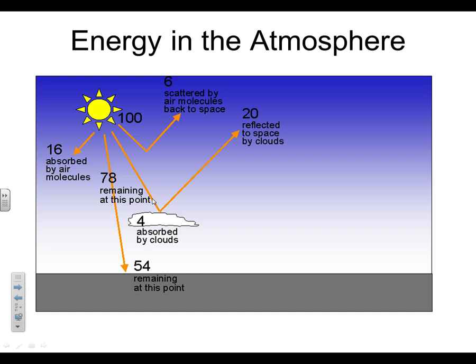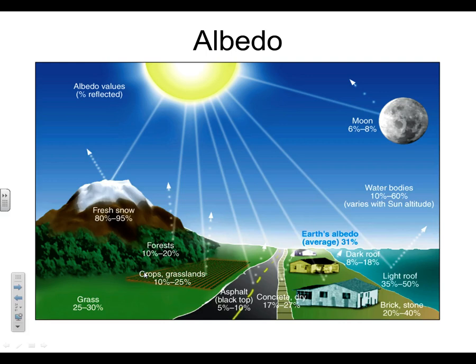Okay, what happens to this 54% when it does hit the earth? Again, you have a few options. It can either be reflected or absorbed. The word for the percent that is reflected is albedo.